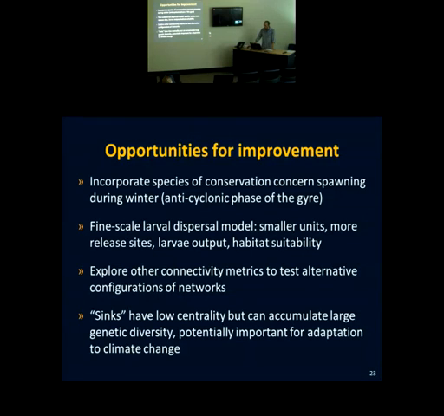And what this means is that some of these areas that are not going to be very central in connecting the different areas of the network might be receiving a lot of these larvae, and therefore they're likely to have a higher diversity. This is probably good in terms of potential for adaptation to climate change. So if one of the objectives of our planning study is to account for climate change as well as possible, then we probably need to think about how we're going to deal with these things, and we might just have to include them as well. So we might end up including everything.